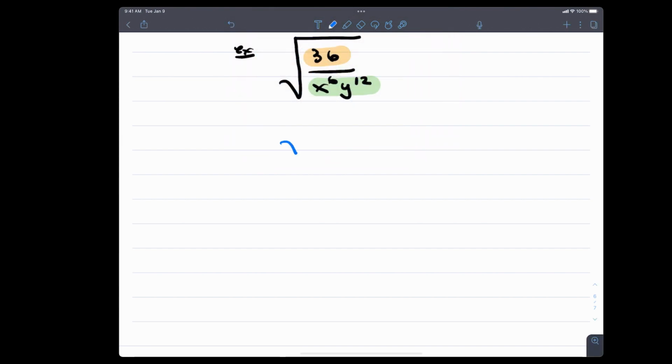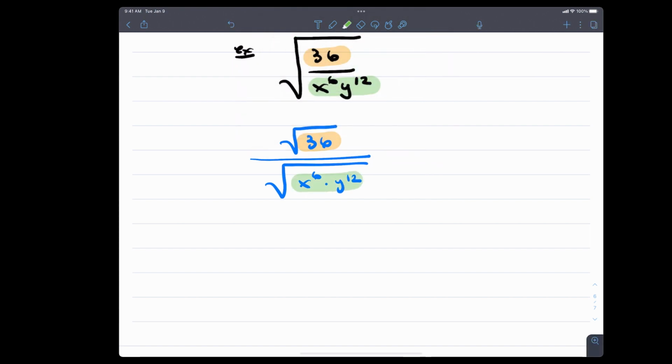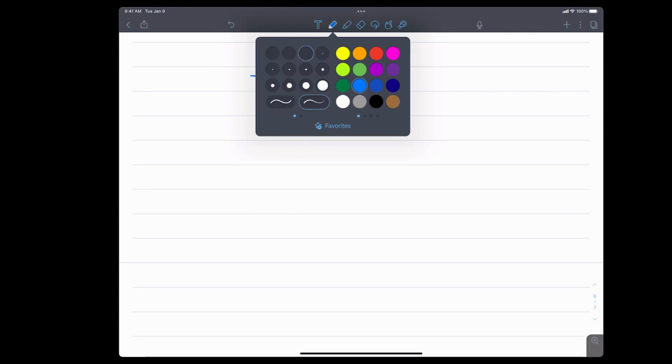Quotient what? Quotient rule. We take the square root of 36 over the square root of what? x to the 6 times y to the 12th. Okay, you guys with me on that one? And then you can see every step. Here's the numerator, here's the denominator. And what do you think the denominator becomes, right?